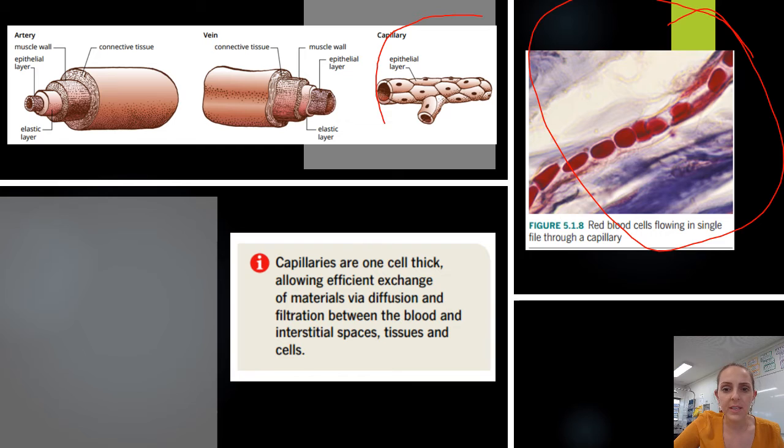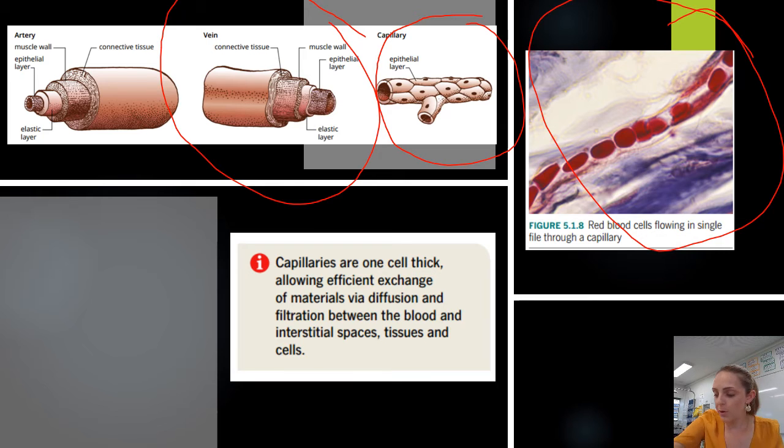If we have a look at this, here's a capillary. So this would be a layer of sort of skin type cells, tissue cell, that makes the capillary, and inside the capillary would be little red blood cells, compared to our arteries and veins, which are made up of multiple layers. So they've got the epithelial layer as well as a muscle layer and connective tissue and elastic layer.